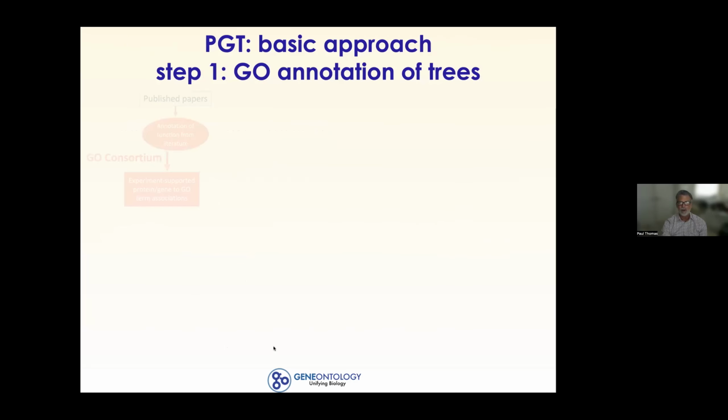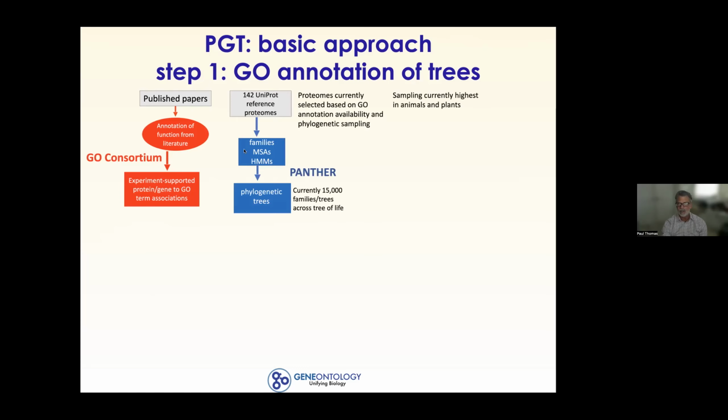So the basic approach is this, right? And this is what the GO Consortium has been doing for years, which is to go from published literature to experimentally supported gene annotations, GO annotations. And here's what the PANTHER group has been doing for years, which is to go from a group of reference proteomes, which are sampled based on the availability of function information, but also phylogenetic sampling, which tends to favor animals and plants, actually, and then build families for each of these.